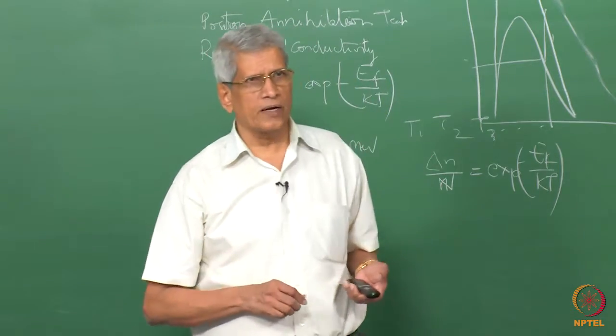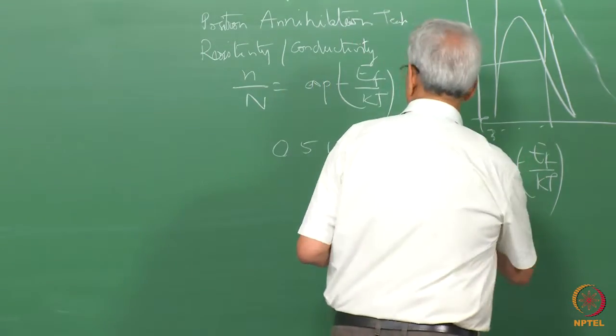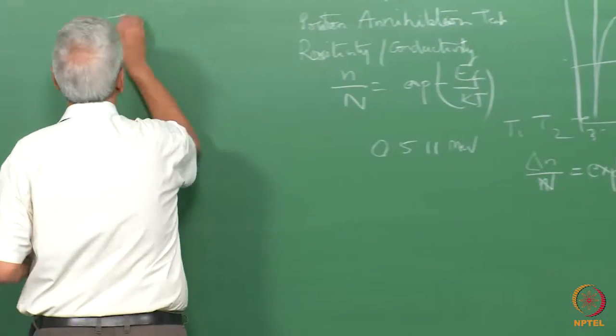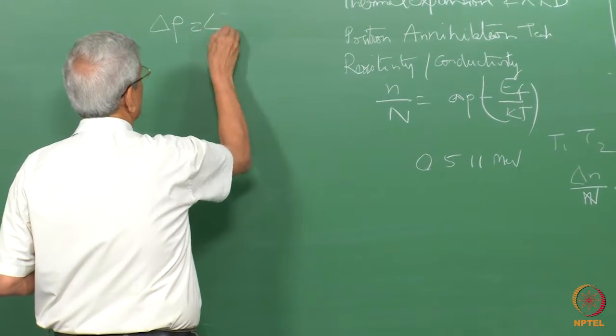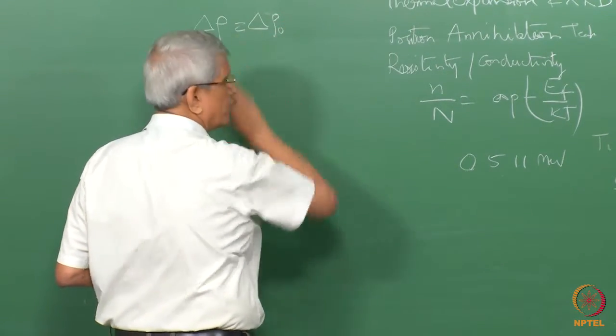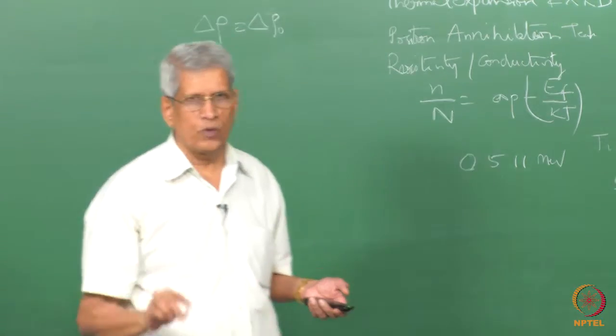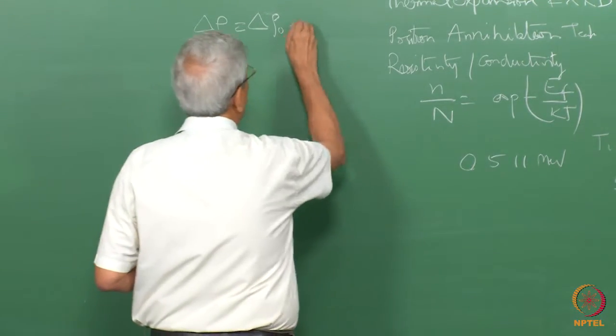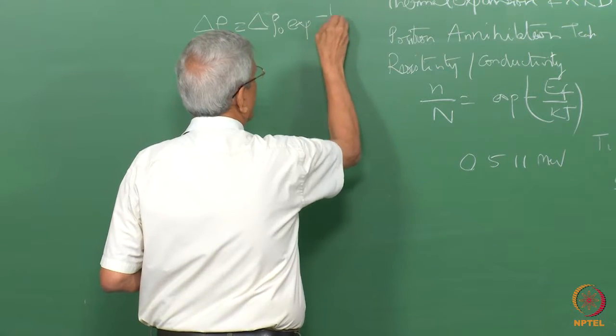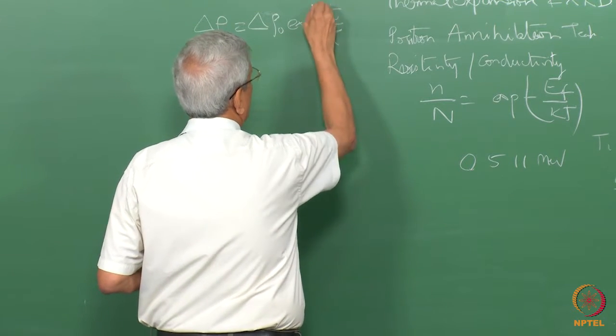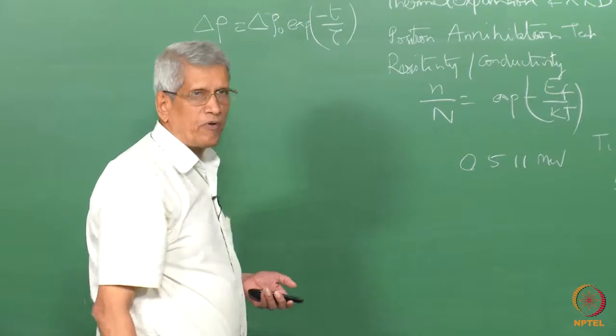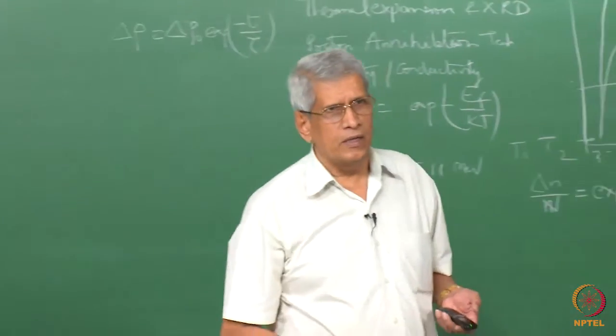If we plot this resistivity rho with respect to an initial resistivity rho 0, which corresponds to the quenched sample, the plot will always be an exponential type of plot.